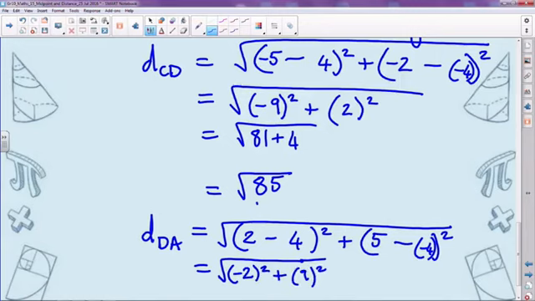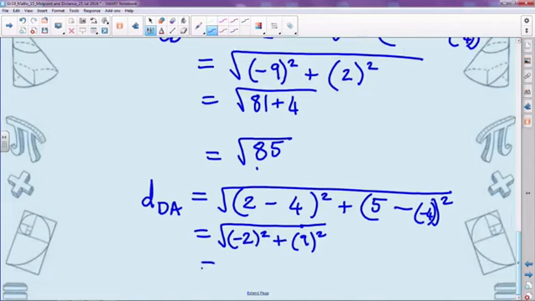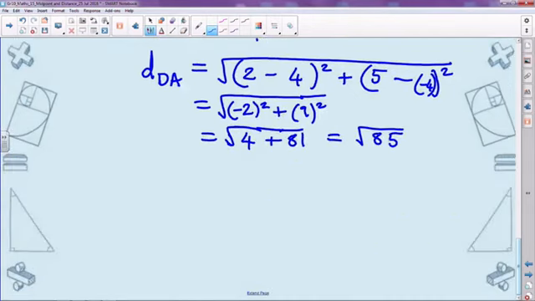And that, of course, makes me very happy because that's 4 plus 81, which is the square root of 85, which means that the distance of DA is equal to the distance of CD, and therefore ABCD is a kite.